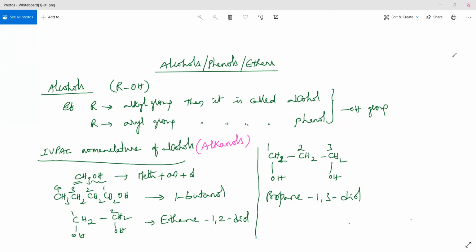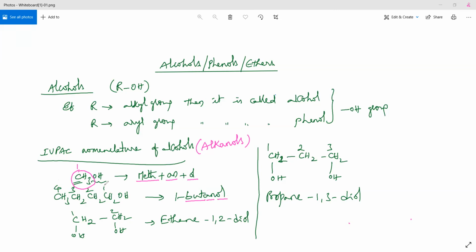Now, when it comes to alkanols, how will you give IUPAC names? The first one is methanol, because here it is a methyl group. That means only one carbon. One carbon, root word meth. There is no double bond, so ane. Functional group OH is ol: methanol. Second one: 1, 2, 3, 4. 4 carbons means but plus ane plus ol.